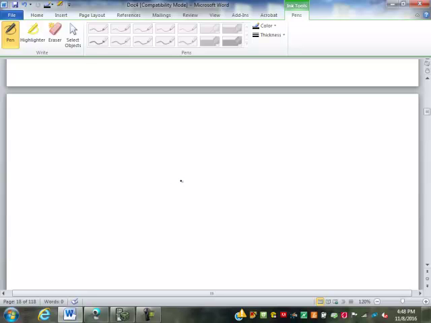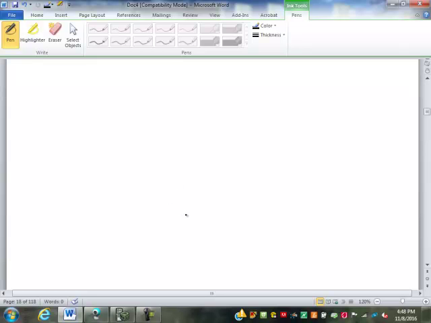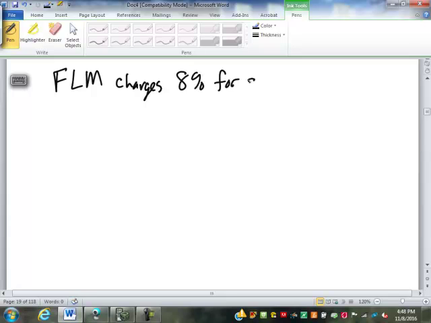Okay, well, let's look at the other side of it. This is a percent decrease, or something's been reduced. Let's look at where there's a markup or a shipping cost or some sort of a percent increase. Let's say that FLM charges 8% for shipping and handling.